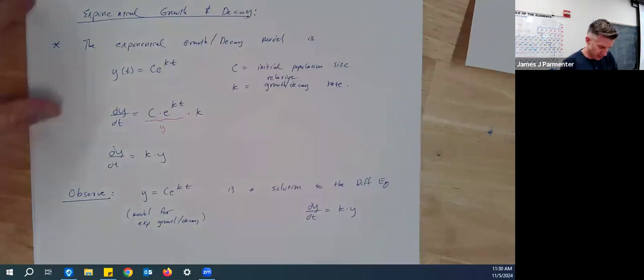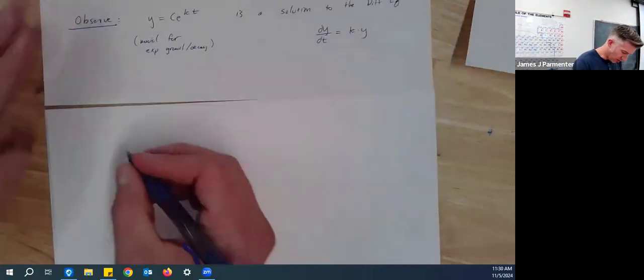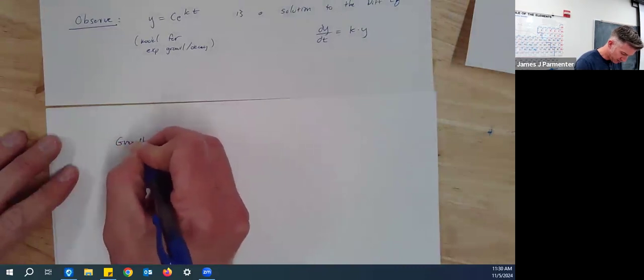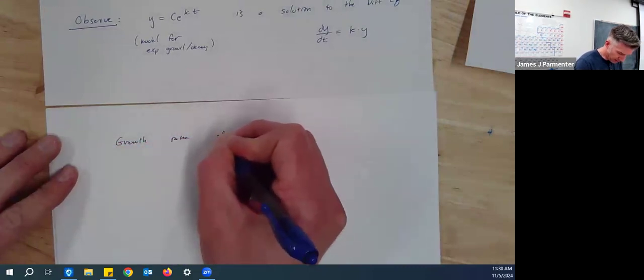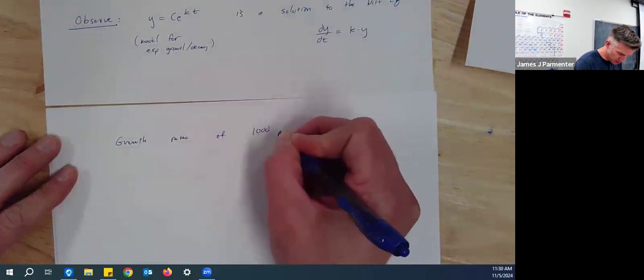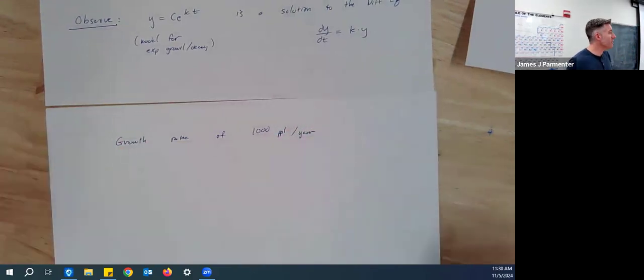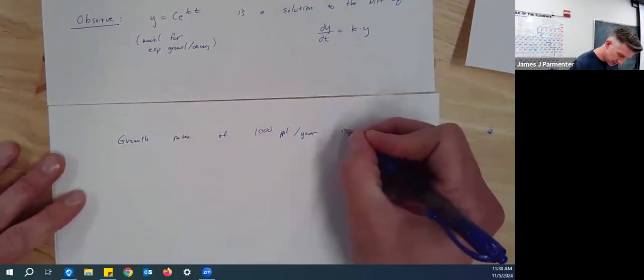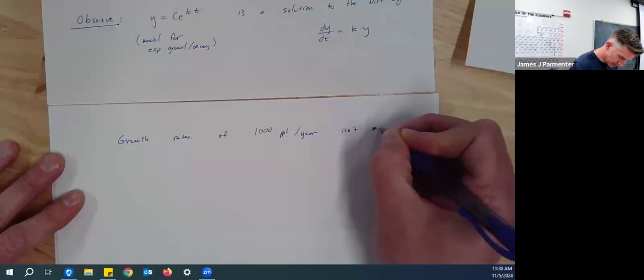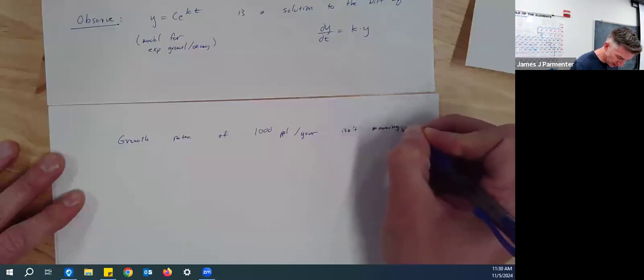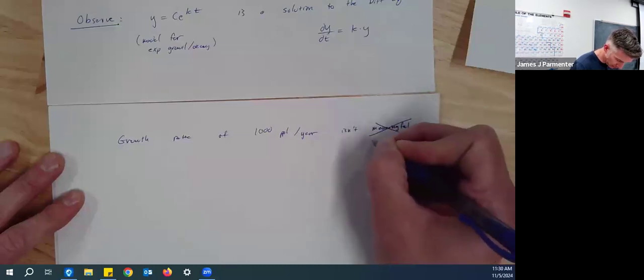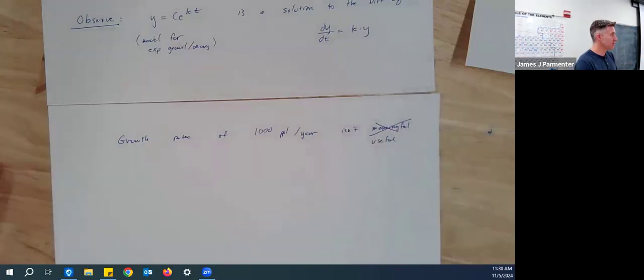So let me write that down just so we can all see it here. A growth rate of 1,000 people per year isn't very meaningful. It's not telling you the whole story. Or really a better word here is isn't useful, to be perfectly honest.